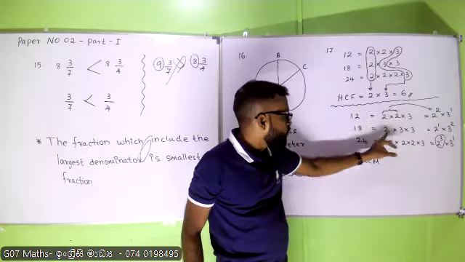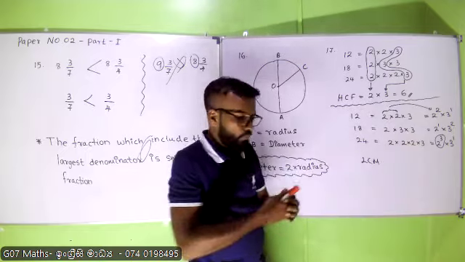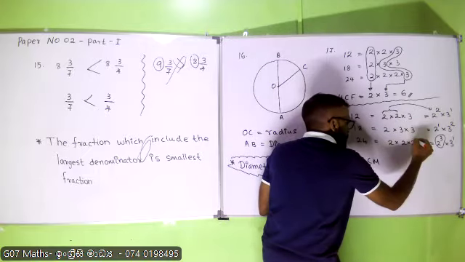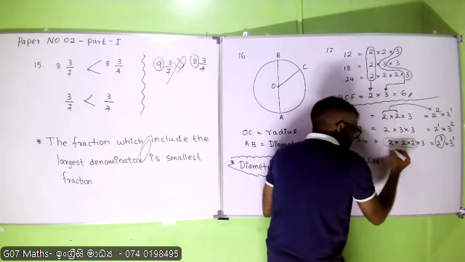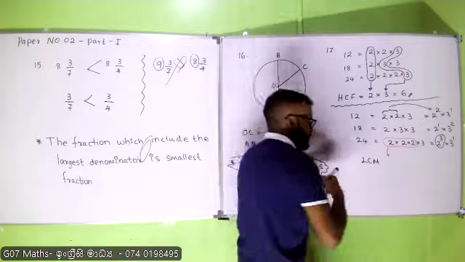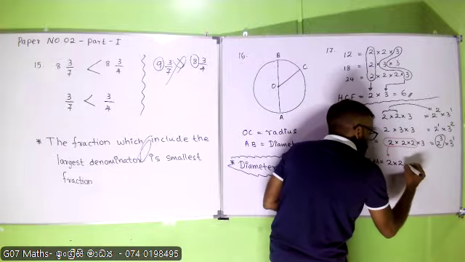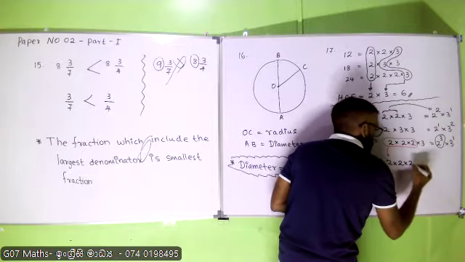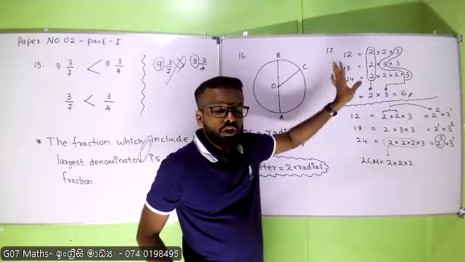Here we have 2 times 2, here we have only one 2, and here we have 2 times 2 times 2. So we circle it and take it down. The LCM is then 2 times 2 times 2. Okay, now the story of 2 is over.